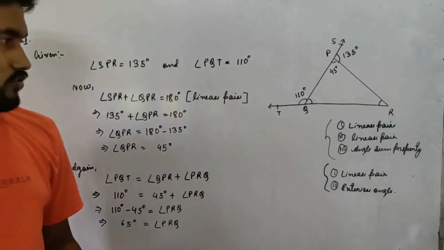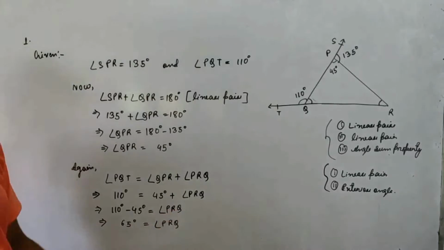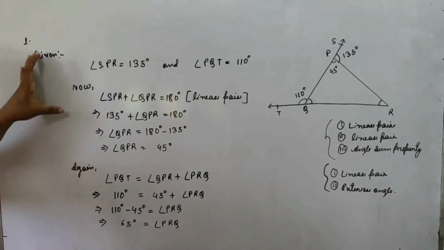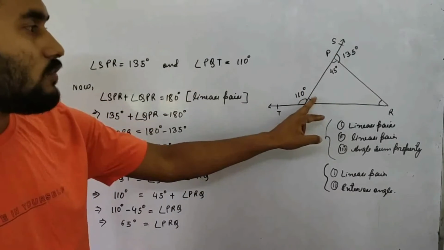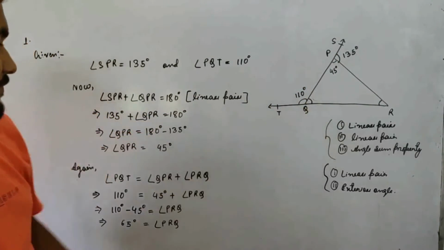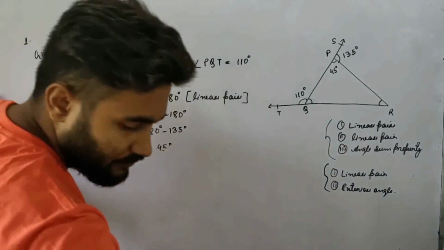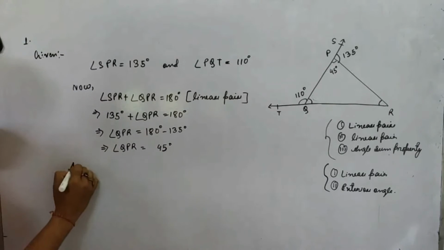Okay. So you can do it by this method also. Then also you will get the same answer. Say if I do by that method now, this much will come from the linear pair. So this one I have got. Now again I will find this one by linear pair. Okay. So if you find this method difficult, then try that method.